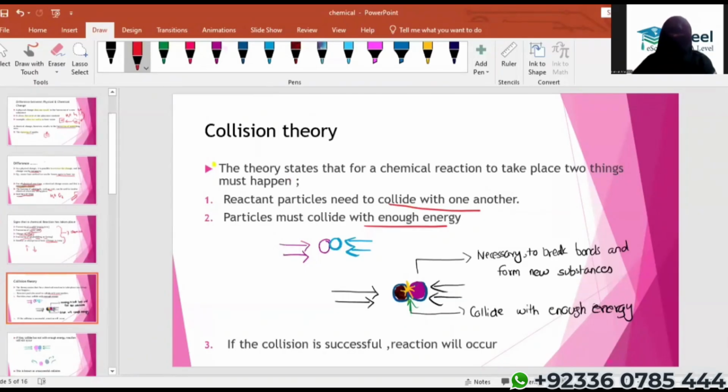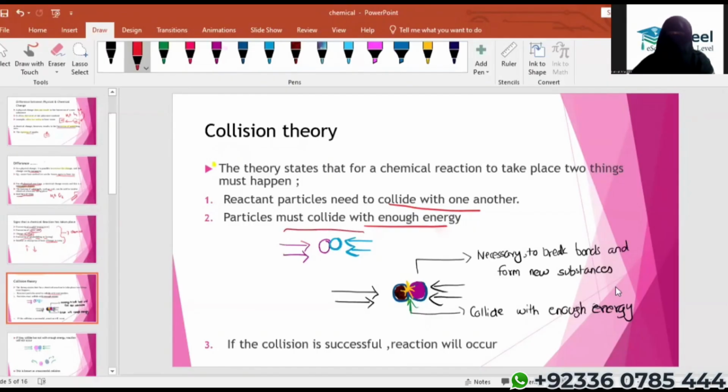We know that all matter is made up of particles. So, the two things that you need to understand is the reactant particles must collide, and they must collide with enough energy.